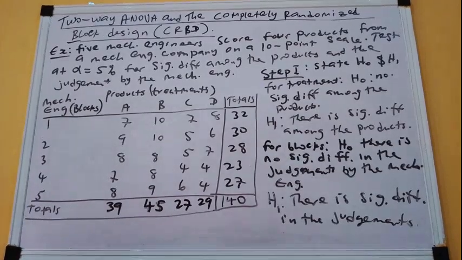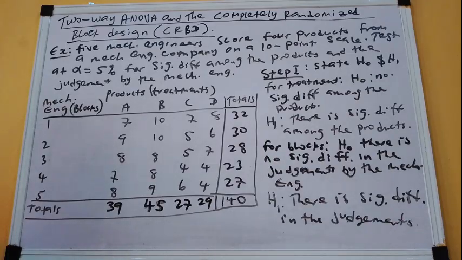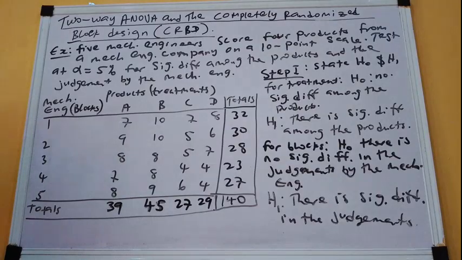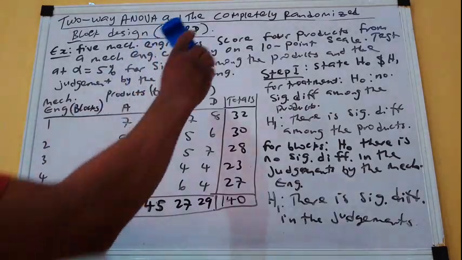The H0 will say there is no significant difference in the judgment done by the 5 engineers, while the alternative hypothesis will say there is a significant difference in the judgment made by the 5 engineers. That is step 1, where you are to state the hypothesis.